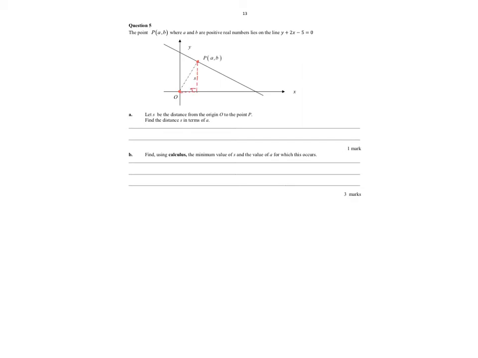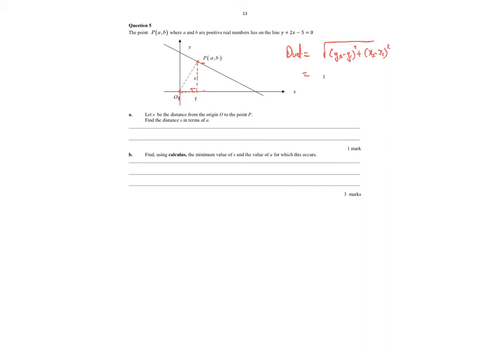These are good questions because the distance between 2 points is really just Pythagoras' theorem, isn't it? So it's that distance squared plus that distance squared. My distance formula is the square root of, and it could be on our formula sheet, y2 minus y1 squared plus x2 minus x1 squared.